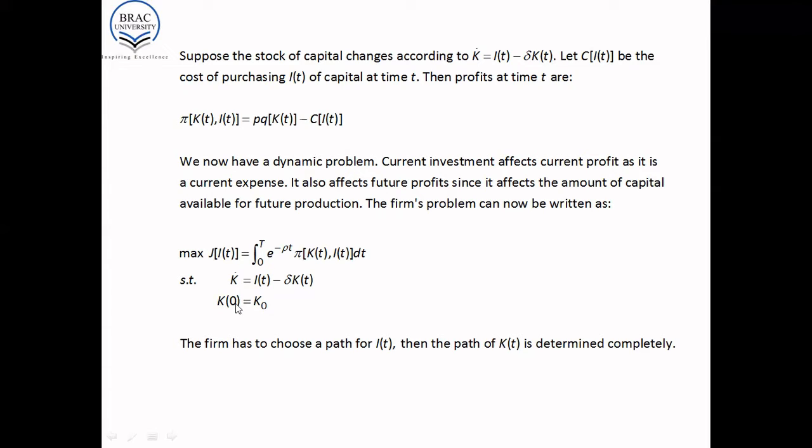So capital at time 0 is equal to some k naught. Usually this is positive. The firm has to choose a path for I(t), or investment. Once that is chosen, then the path of k(t) is determined completely.